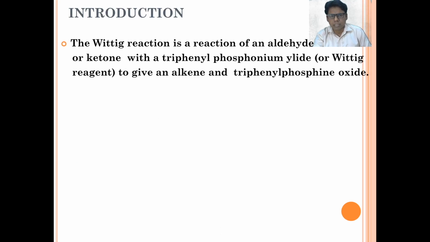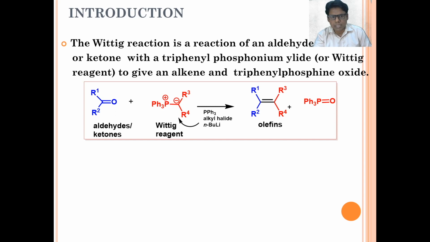So Wittig reaction is a reaction of an aldehyde or ketone with triphenyl phosphonium ylide, also called Wittig reagent, to give an alkene and triphenyl phosphine oxide. For example, one can easily see this is an aldehyde or ketone.